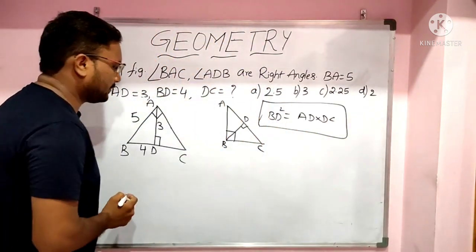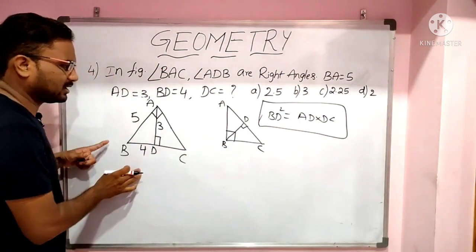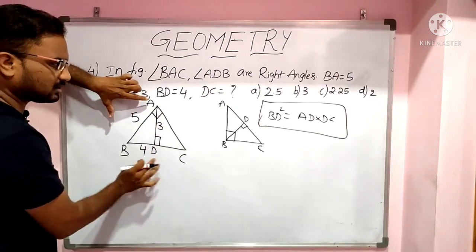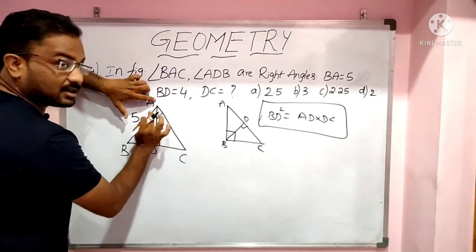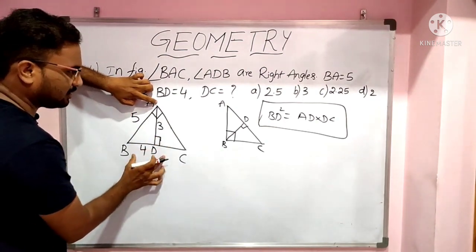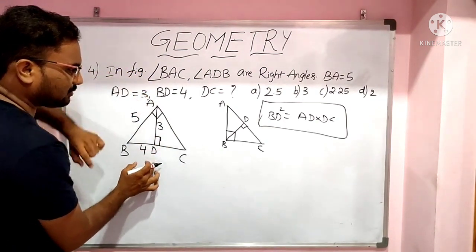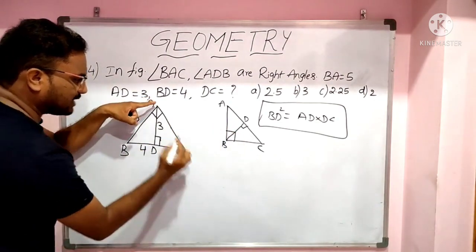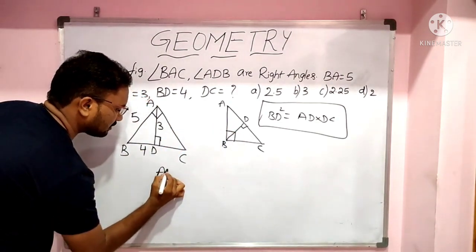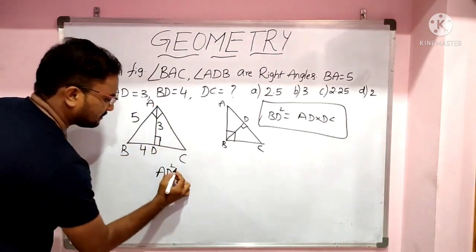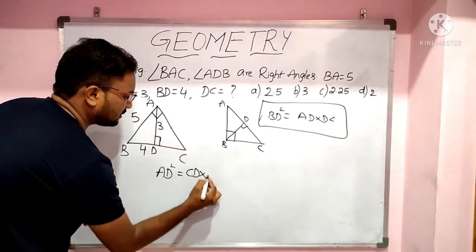Similarly, if you observe this triangle, this is similar to this one. This is triangle ABC, angle A is 90 degrees, and from this vertex one perpendicular is drawn to the hypotenuse. So from this we can say, here BD square equal to AD into DC, and here AD square equal to CD into BD.